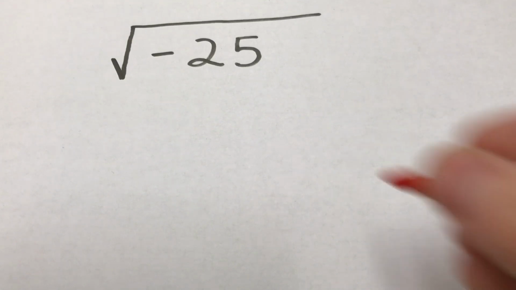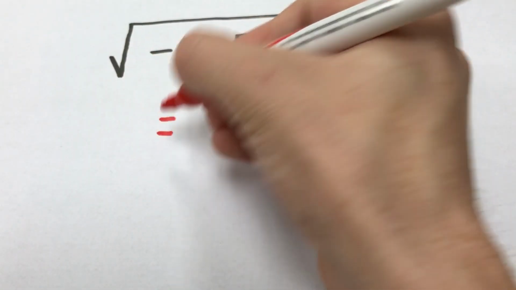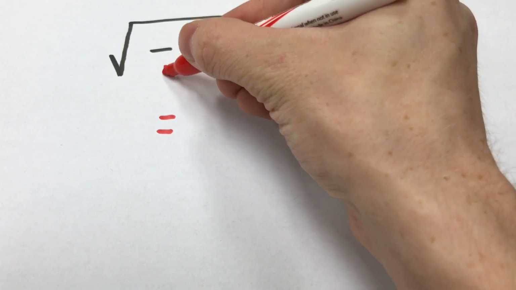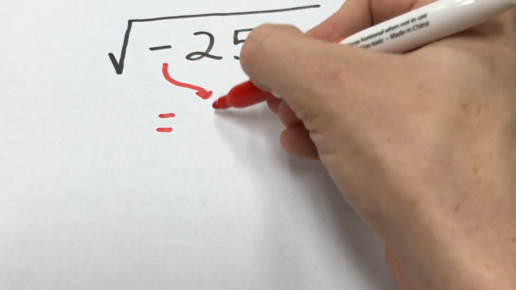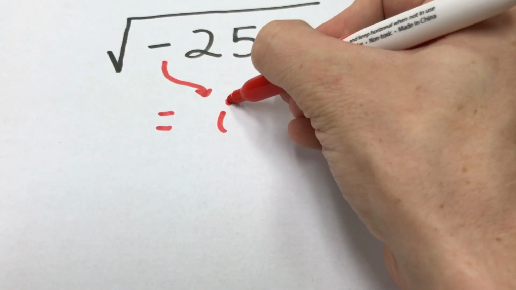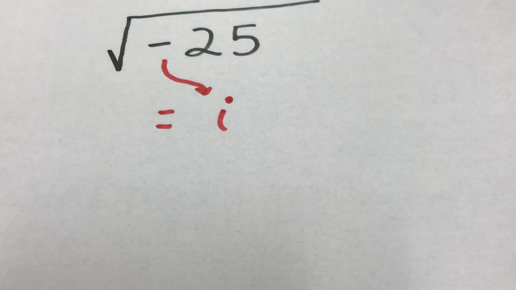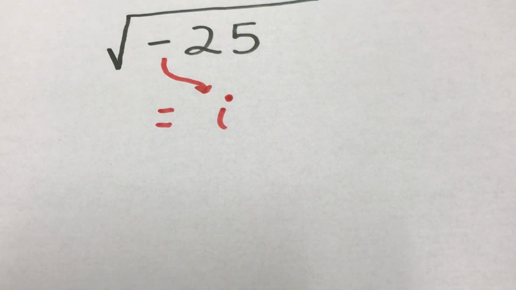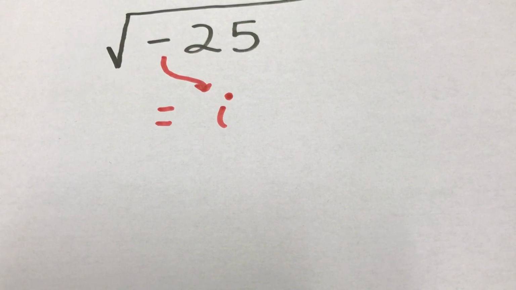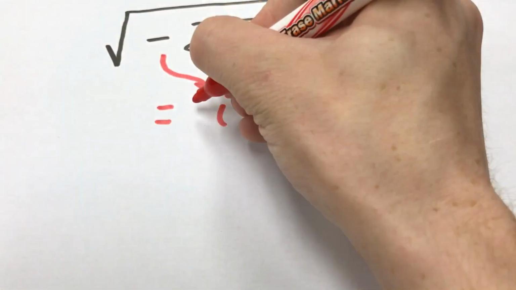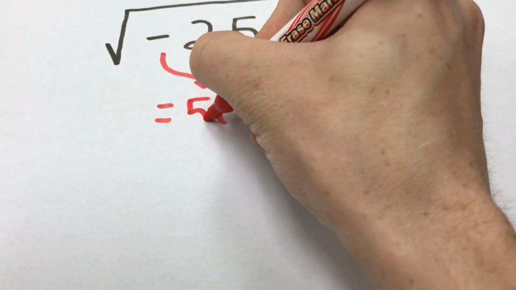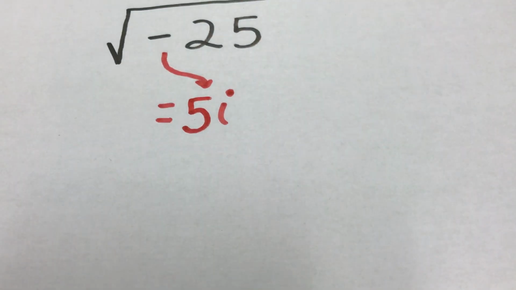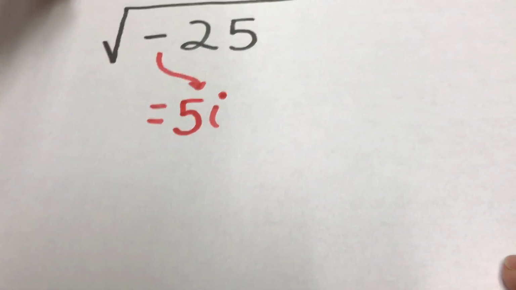So let me go ahead and do that to show you what it looks like. So what I'm going to do is I'm going to take this negative sign out as an i. Then we can do the square root of 25. And we all know that the square root of 25 is 5. So let me go ahead and put the 5 right in front of the i. And there we go.